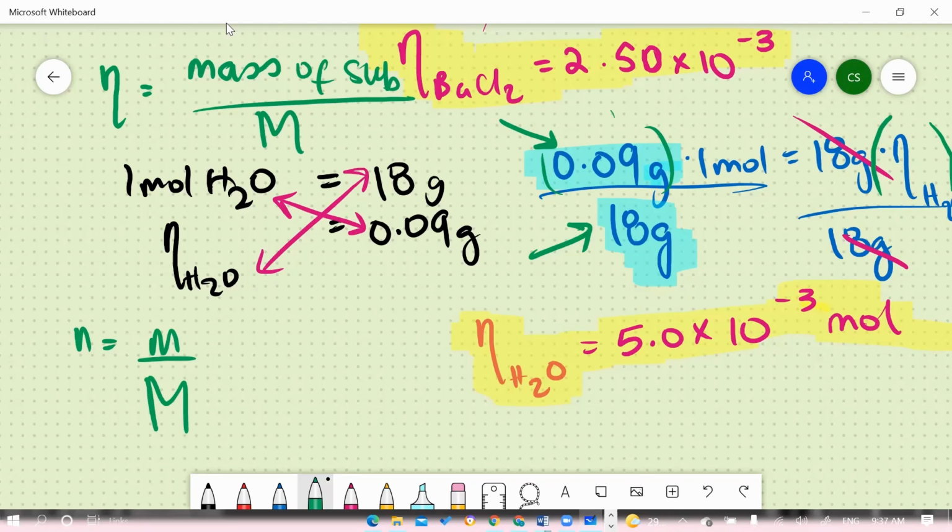So the 18 grams is supposed to be 18 grams per mole. And then because it's per mole on the underside of the bar, it will just become mole, right? Yeah, so that's how we got moles.